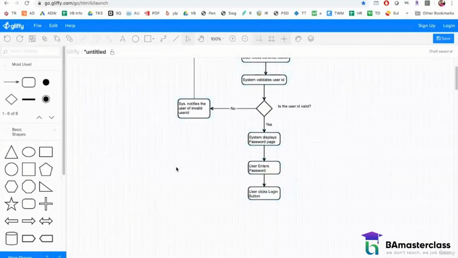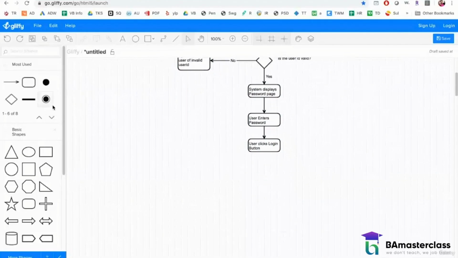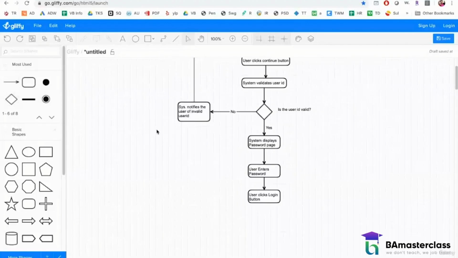Next is decision by the system. System validates the password.